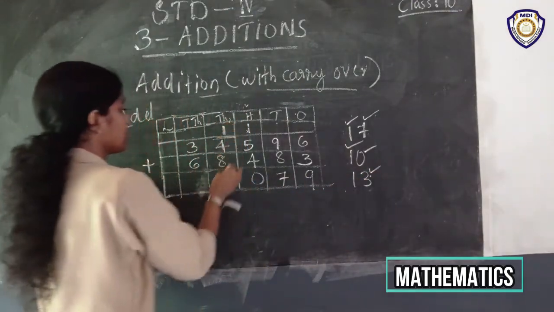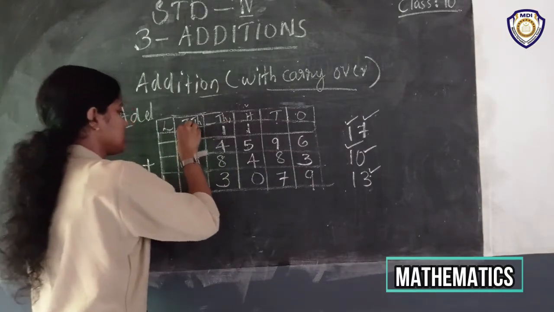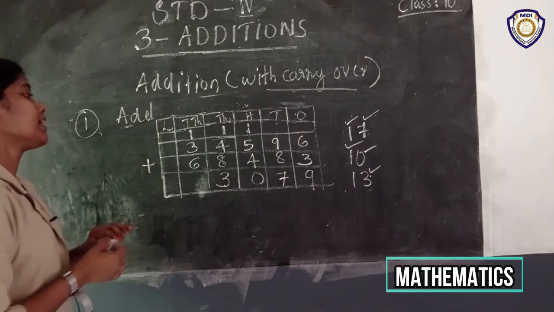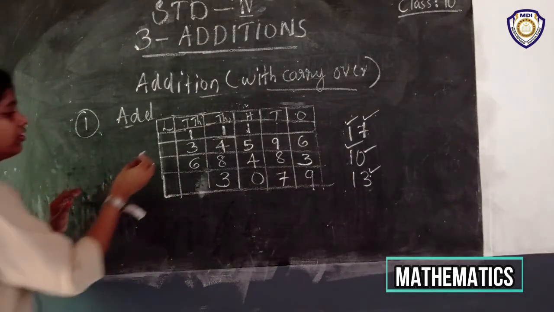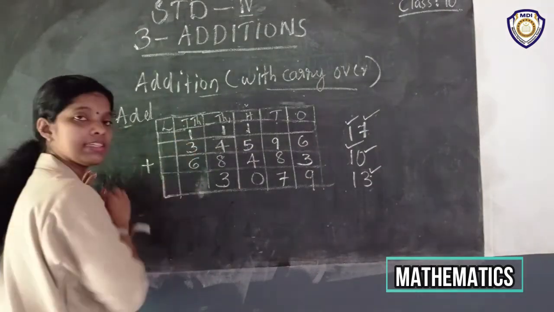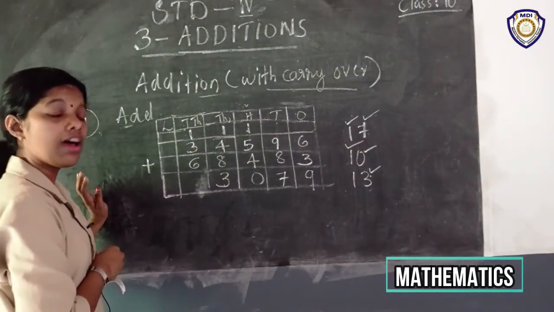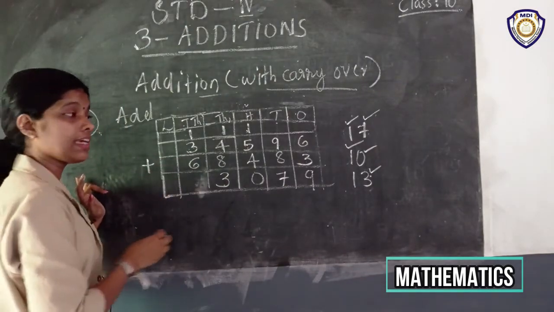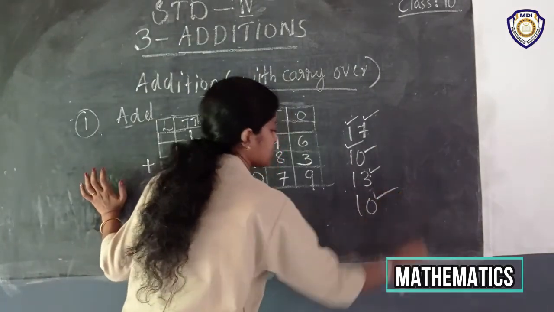1 is carried to the 10,000 place. Then 1 plus 3, 4. 4 plus 6, again 10 is the answer.